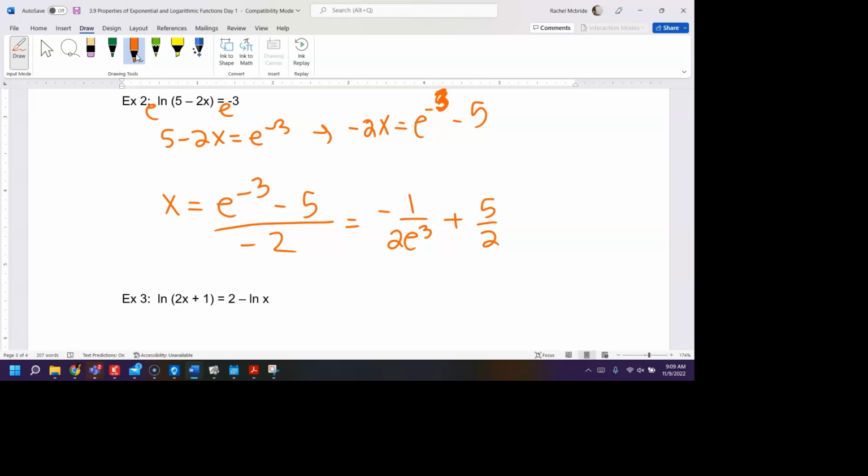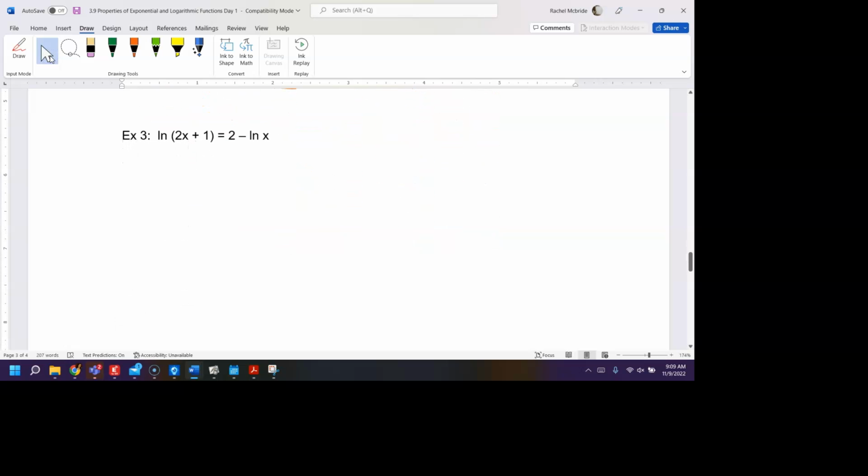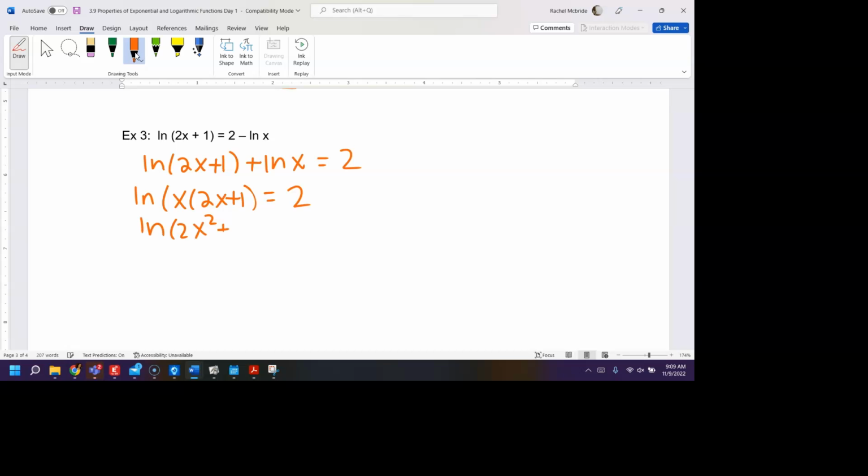So we need to, in example number 3, use those properties of logs to get the ln's together. So the ln of 2x plus 1 plus ln x equals 2. Now adding two ln's is like multiplying, so you'd have ln of x times 2x plus 1 equals 2. ln of 2x squared plus x equals 2.